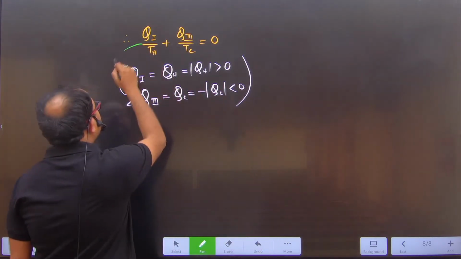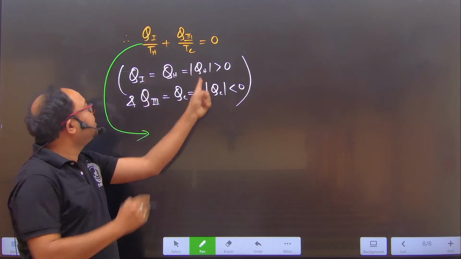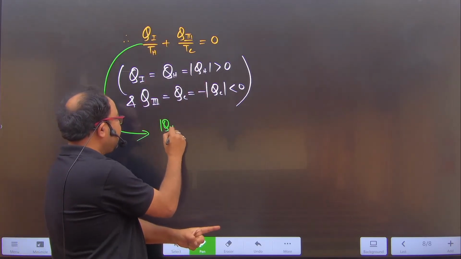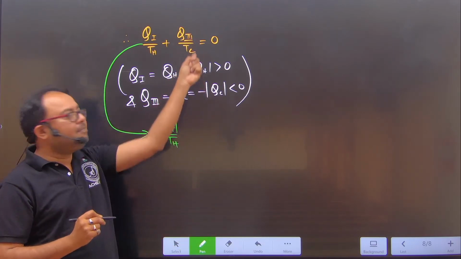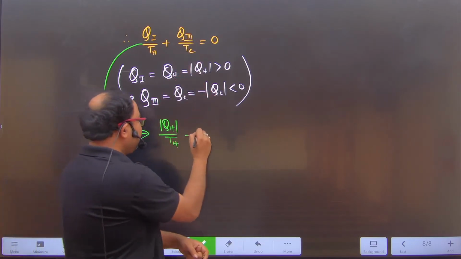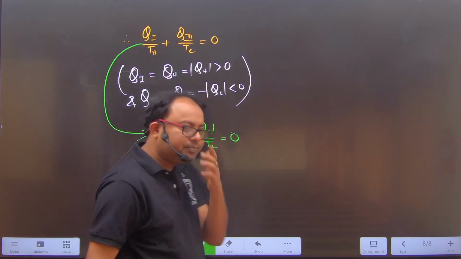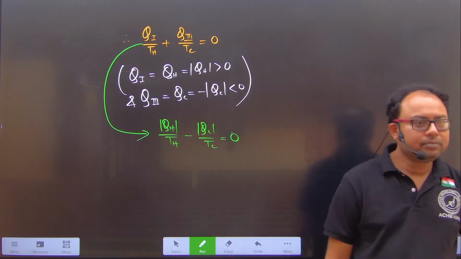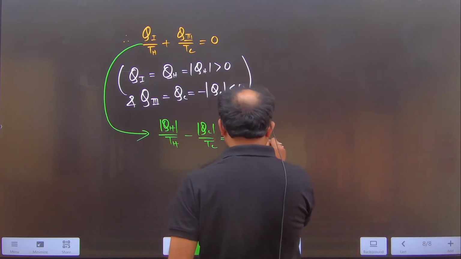So if we replace Q1 by mod QH, then you have got mod QH by TH. And if we replace Q3 by minus mod QC, then you have got minus mod QC by TC. This is equal to 0. So what you have got?